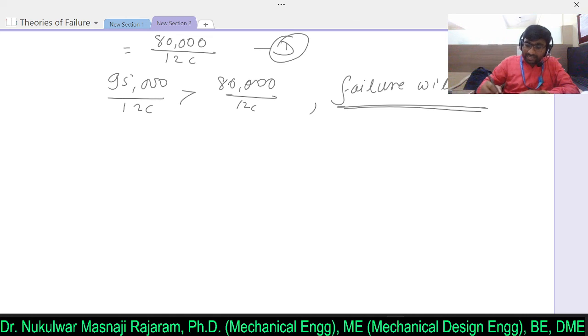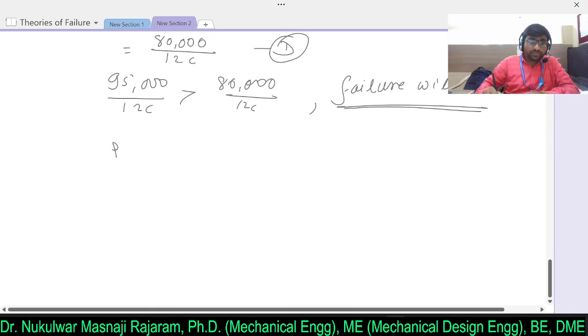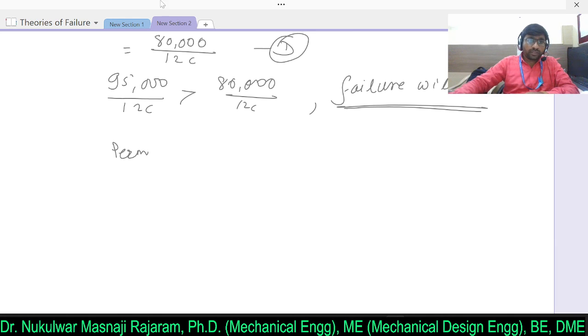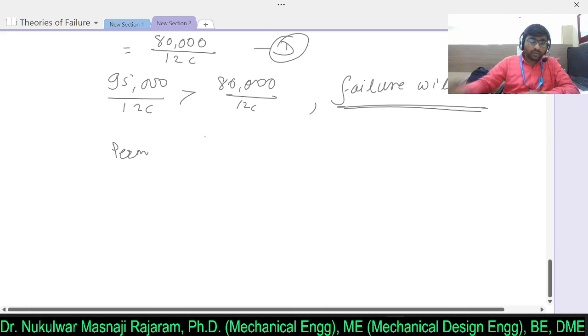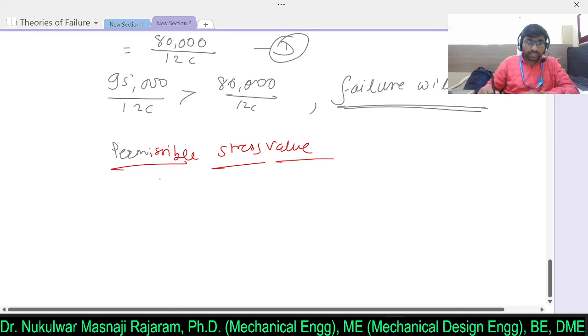Because while designing, we consider the permissible stress value. What is this permissible stress value? That is sigma t, and it is equal to sigma t star divided by the factor of safety.